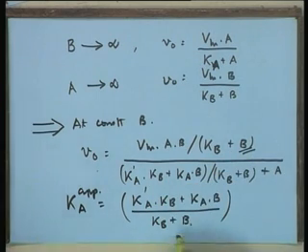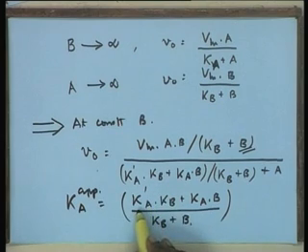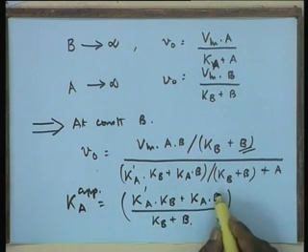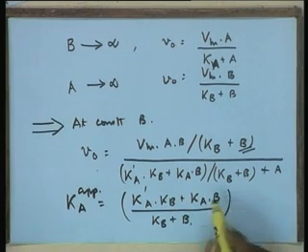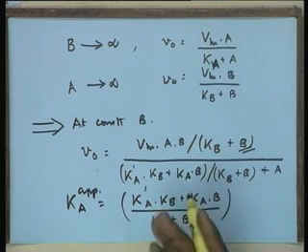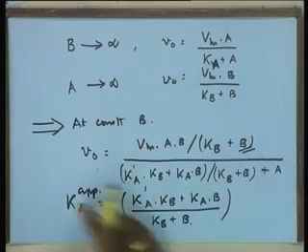Now you can realize the relationship between the apparent Km for A and K dash A. Although they are related, it also involves the concentration term of the other substrate, which is B, and a similar relationship will exist when you consider a constant concentration of A and the apparent Km for B.